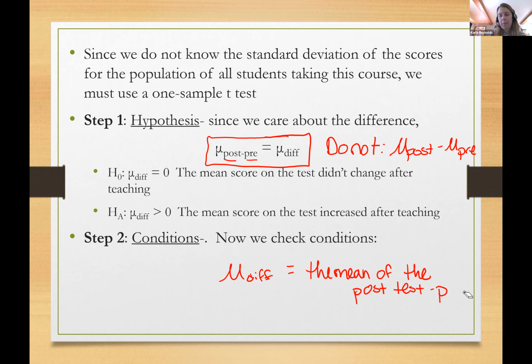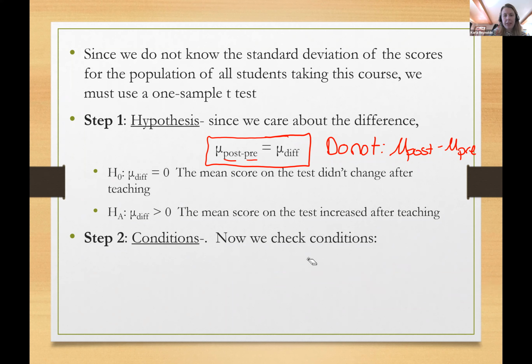Oops. So you can do it in words if you're concerned about your notation. And then the null, for almost all matched pairs, is that the difference is zero. There's no change between one thing and the other. And then we're hoping that on the post-test they just score better, so we're hoping that it's greater than zero.